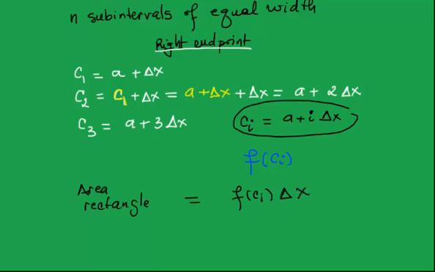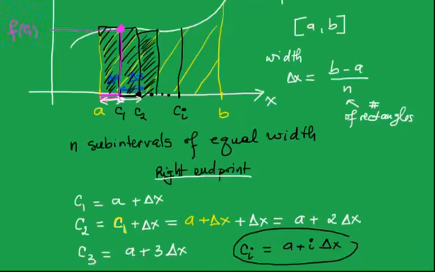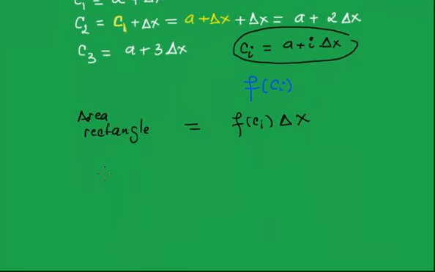Now, what we're going to do is add the areas of all these rectangles. And now that we have learned the sigma notation, the approximation of the area is equal to the sum of f of Ci times delta x, and then we add them all up.